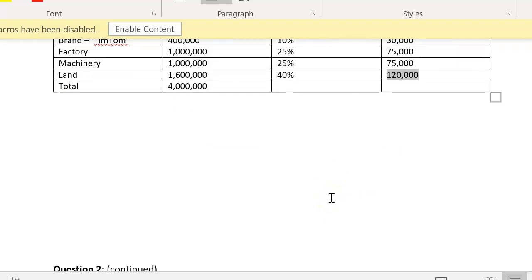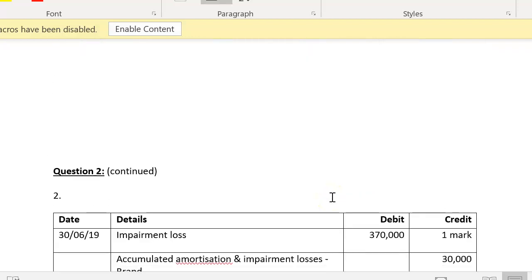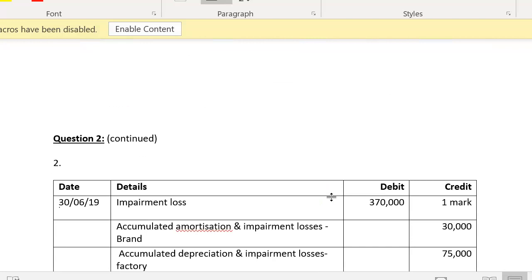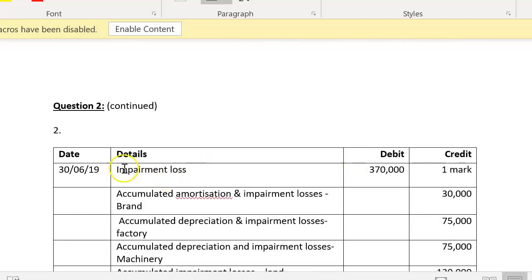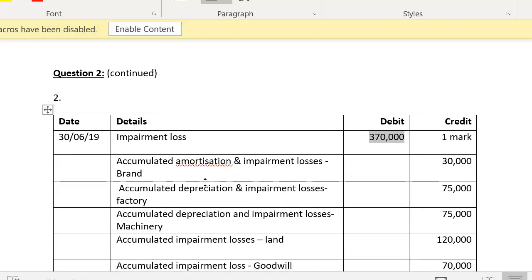Okay, next we prepare the general journal entry to record impairment loss. So you debit impairment loss just like you debit depreciation. And then you credit accumulated amortization and impairment loss of brand, 30.